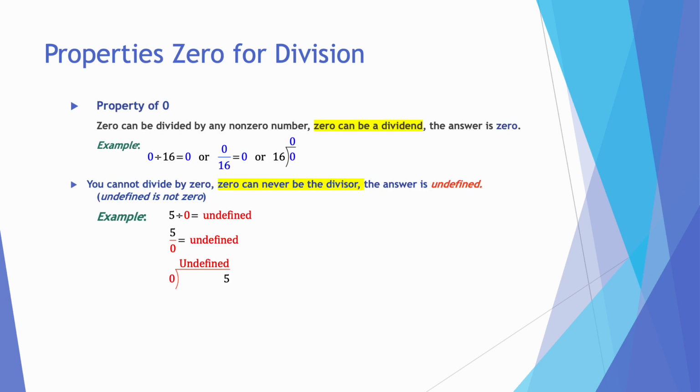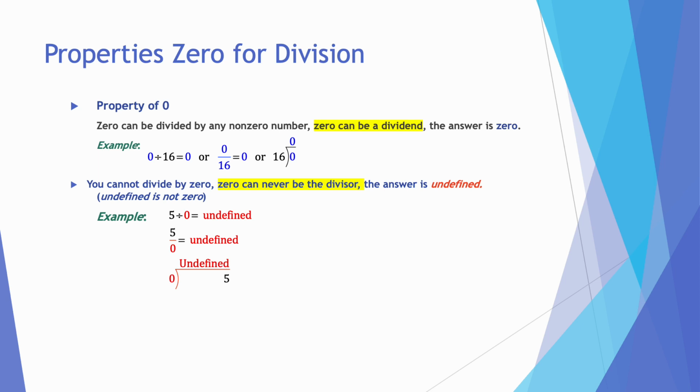There are also a couple of properties that deal with 0 for division. The first one is the property of 0. 0 can be divided by any non-zero number, and the answer is 0. So in these examples, I can do 0 divided by 16, and the answer is 0.